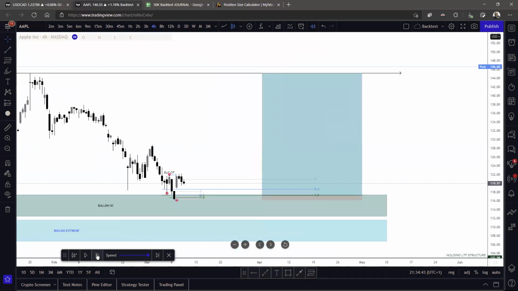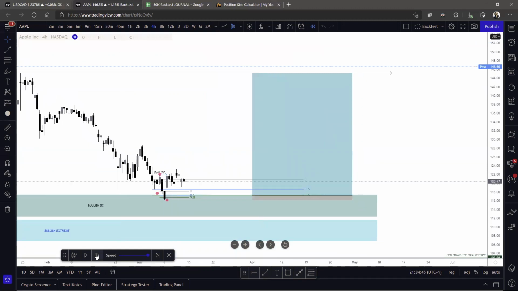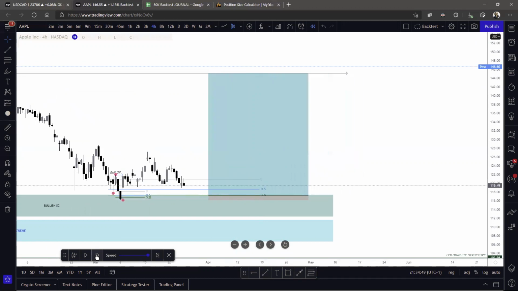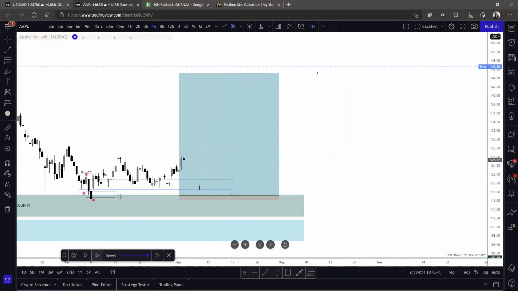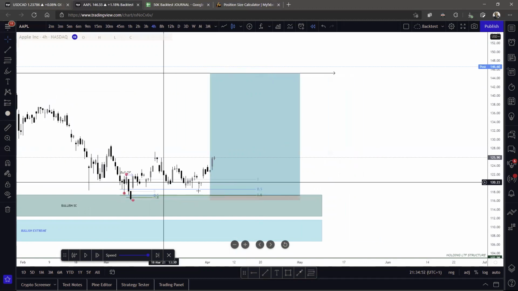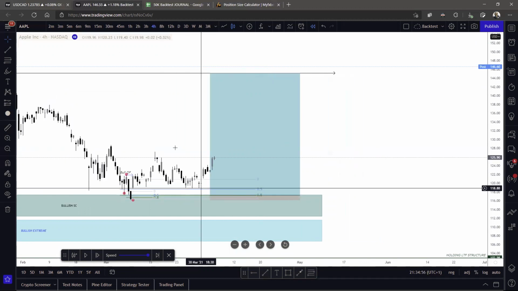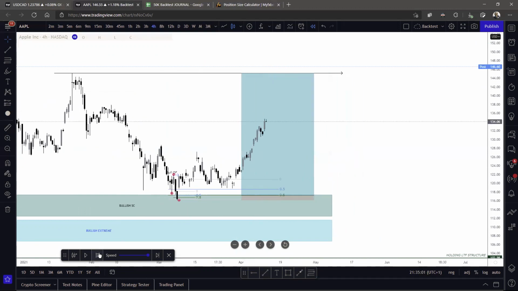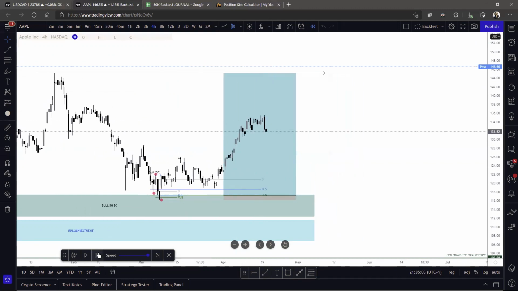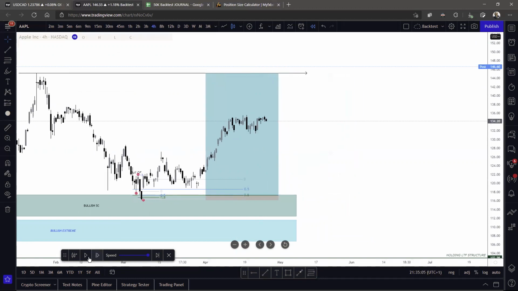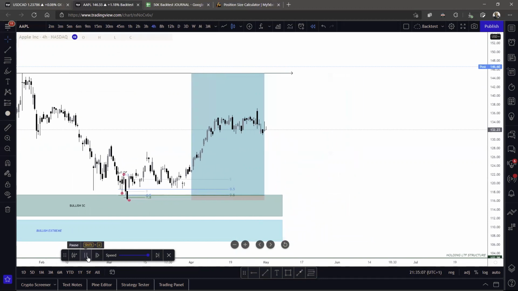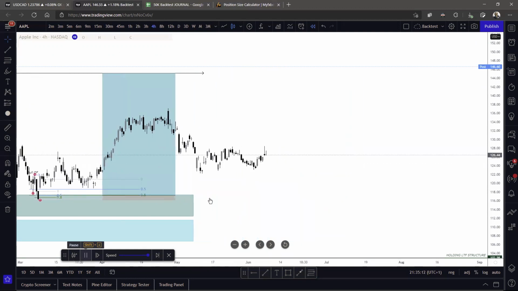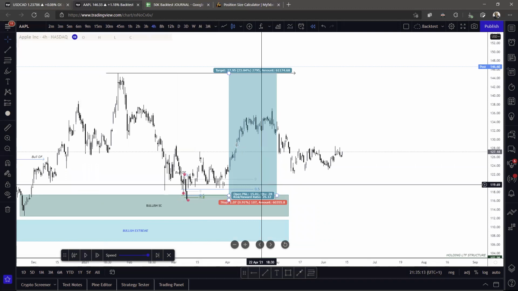Okay, so let's see what happens. Oh, it's creating this liquidity here under 50%. Right, okay, cool.